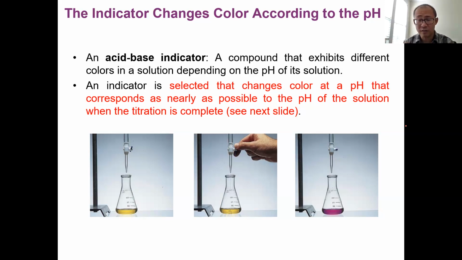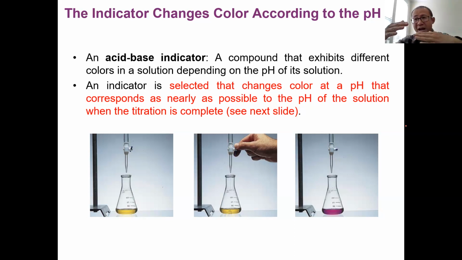We need to know that visually, and that is determined by the color change of the solution. To make the solution change color, we need a special compound called an acid-base indicator. The acid-base indicator is normally an organic compound, but it changes color when the pH changes, when the acidity or basicity of the solution changes.